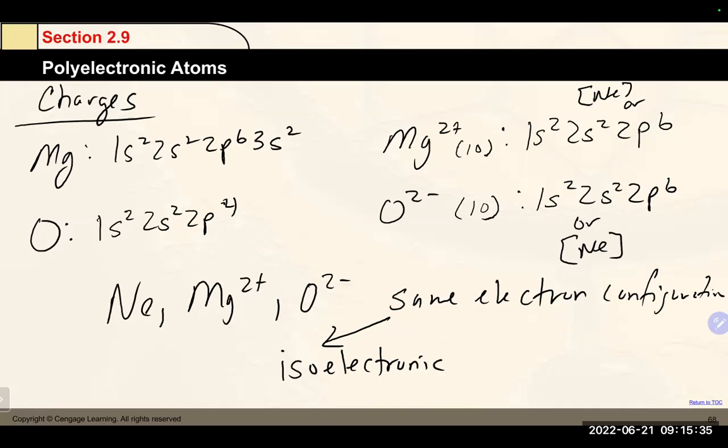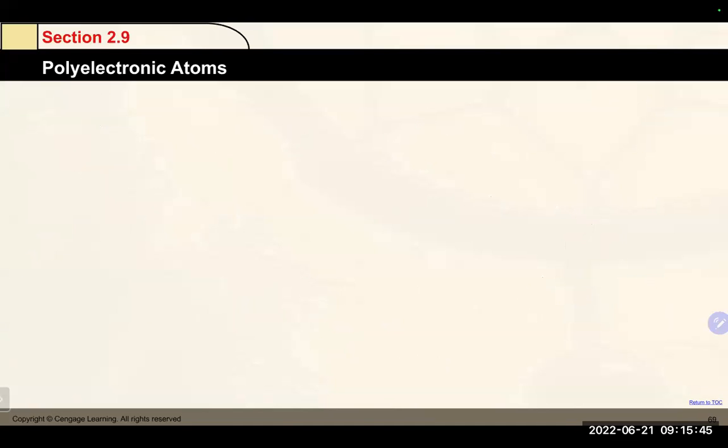Now, there is an exception in terms of going back to the noble gas configuration, and that's with transition metals. Transition metals are right there between group 2 and group 3 on the periodic table, 21 to 30 and down.